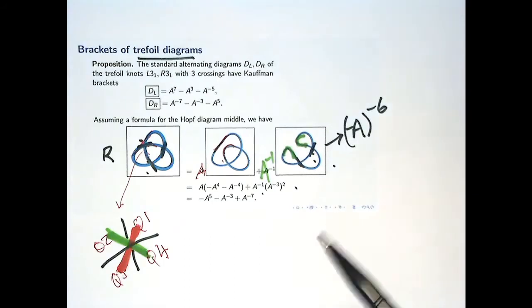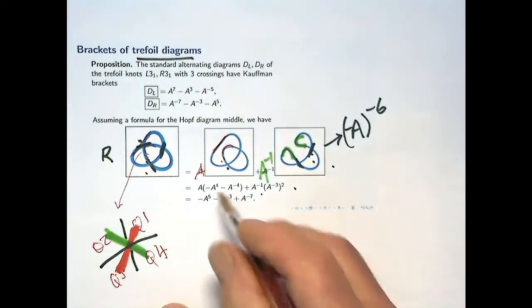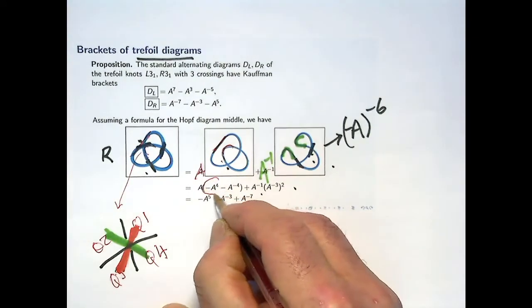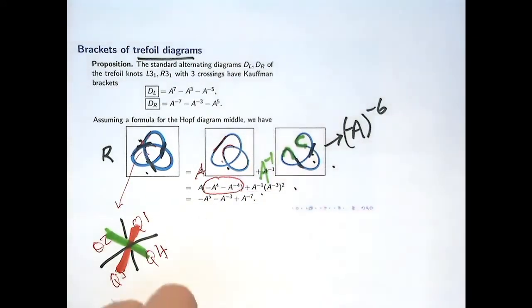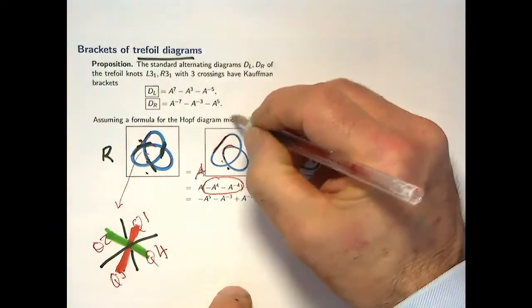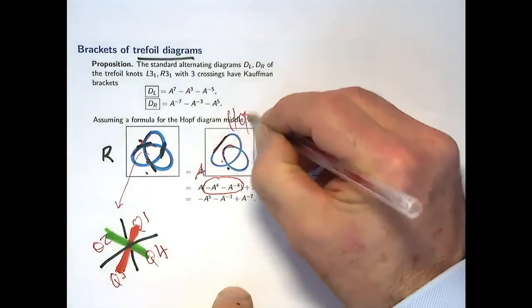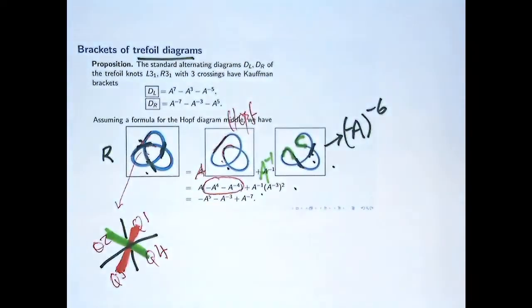And then the first diagram is a bit more complicated, because the first diagram is the Hopf link. You could apply rule 3 again to another crossing and do the same thing with splitting 2 ways, but I happen to know, it's a good thing to remember, that the Kauffman bracket of the Hopf link is this expression here: minus A to the 4th, minus A to the minus 4th.